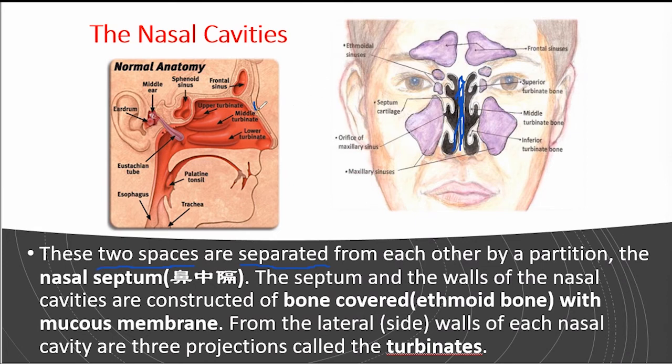The root part of the nose is formed by bone, and the frontal part of the nose is formed by cartilage, or soft bone. And inside the nose cavity, they have mucosa membranes.